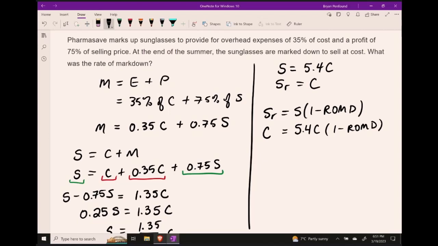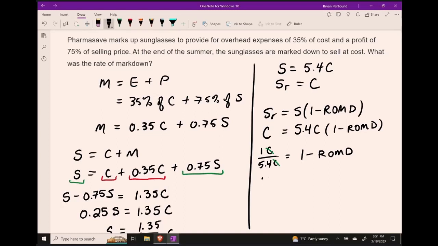From here, we can now divide both sides by 5.4C. That's going to allow us to remove the brackets on the right-hand side of our equation. And this also has the added benefit of us being able to cancel out the two C's in our fraction. So I'm going to replace my numerator with the number 1.